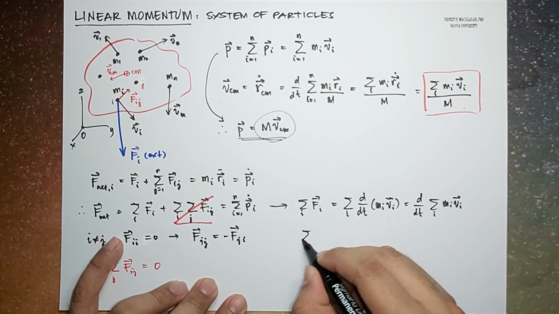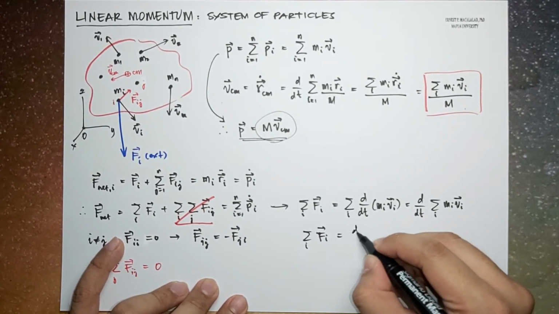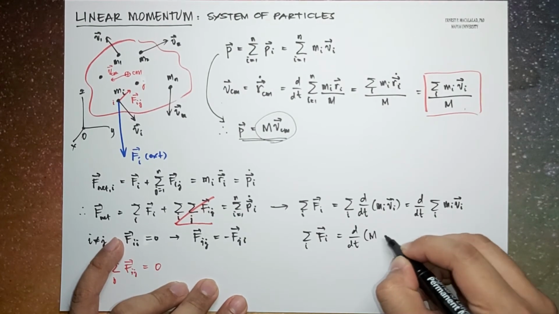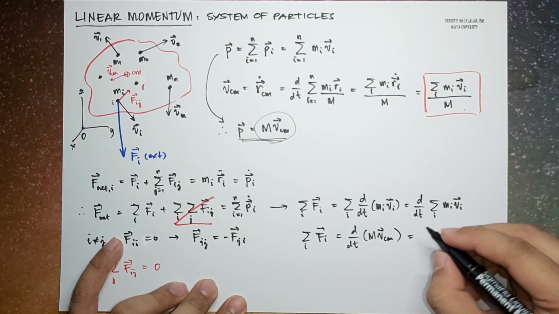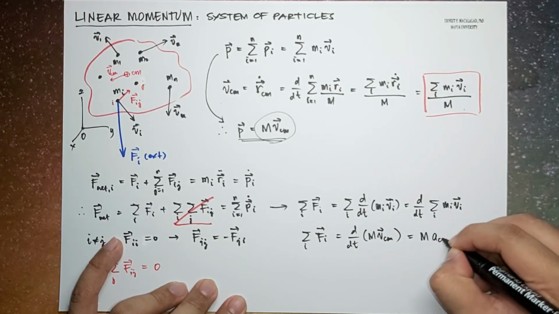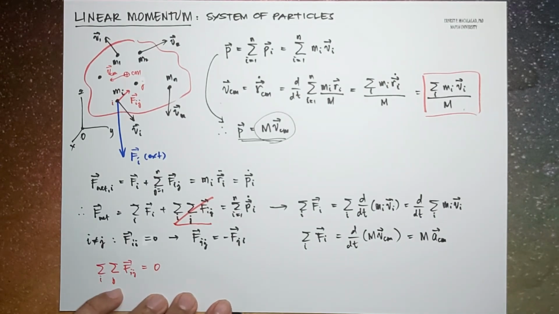So therefore, the sum for all Fi is equal to the time derivative of capital M times V CM, which is equal to mass times the acceleration of the center of mass. So where ACM is the acceleration of the center of mass.